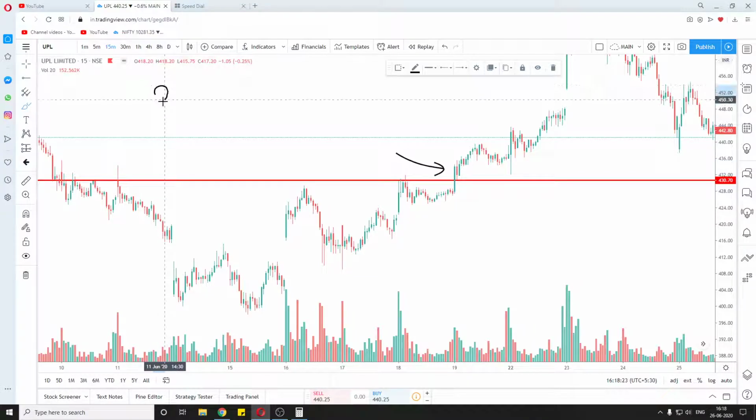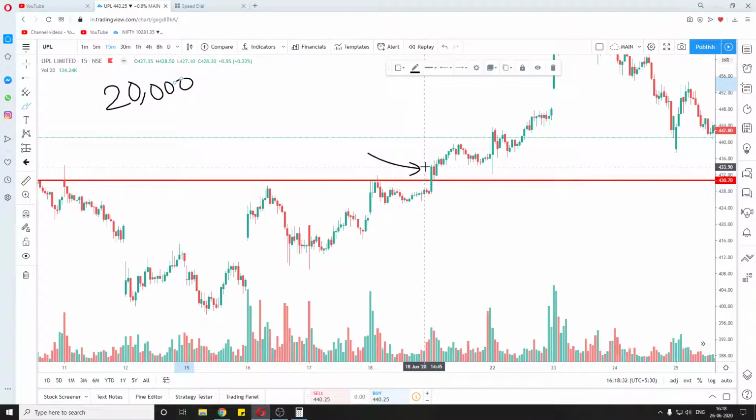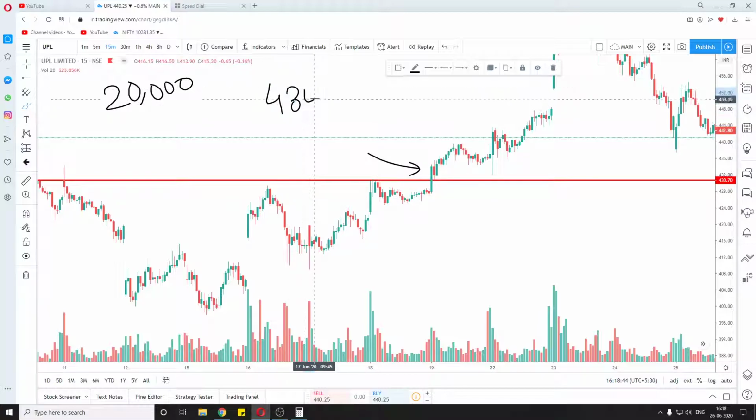Let's say you have 20,000 rupees capital, and you are doing intraday, and you buy here, using exact levels. So this candle closed at 434. Let's take 434. Now the stop loss should be at this level, which is 424.